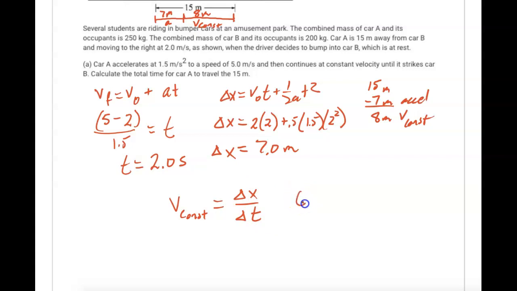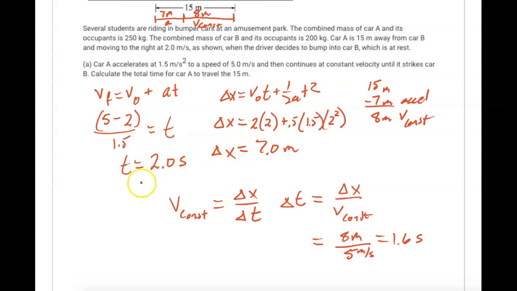So we need to rearrange this for time. Change in time is equal to the change in position for that constant velocity divided by the constant velocity. So we went 8 meters at 5 meters per second, and you'll notice that we're left with a time of 1.6 seconds.